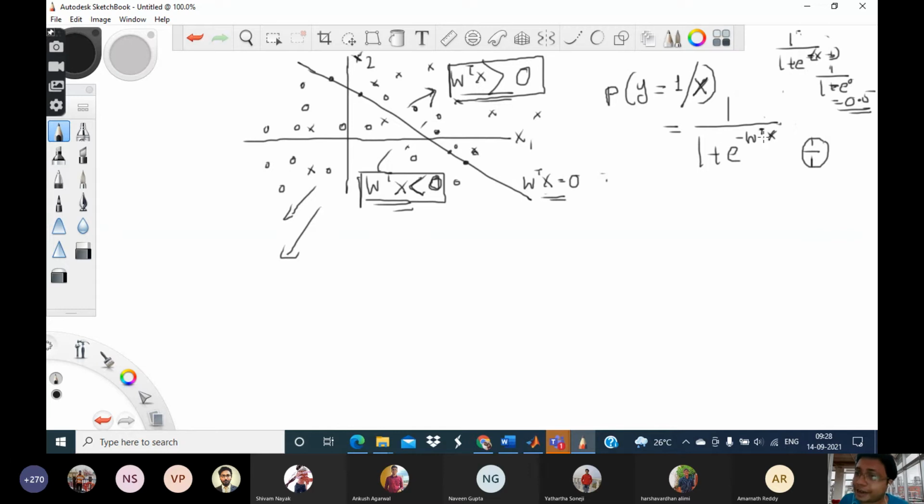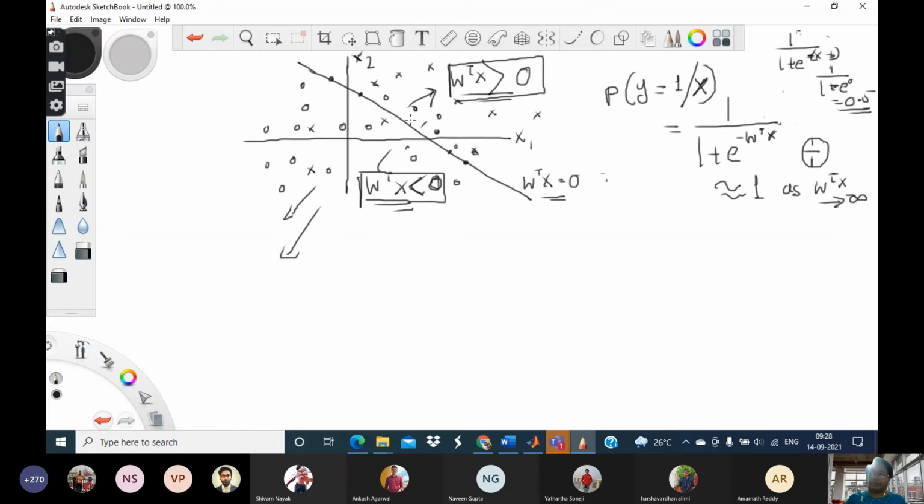Of course, it will never become exactly 1. E to the power something can never be exactly 0. It can only tend to 0. So I can say that this tends to 1 as w transpose x tends to the positive infinity.